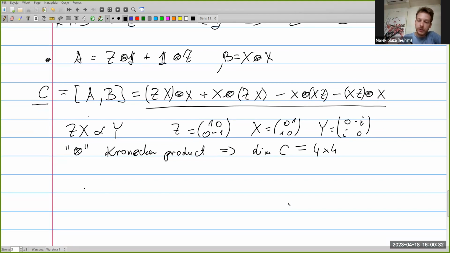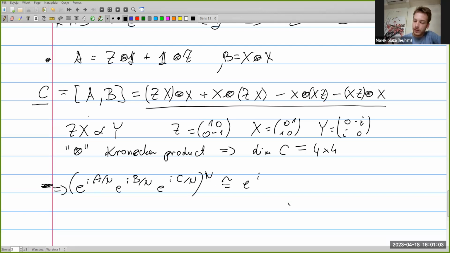So we could, for example, consider e to I A over n, e to I B over n, and then maybe e to C over n, to the power n, and then I will get approximately e to A plus B plus C, okay?